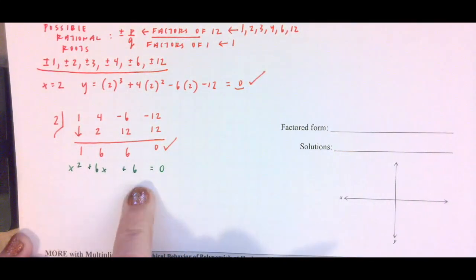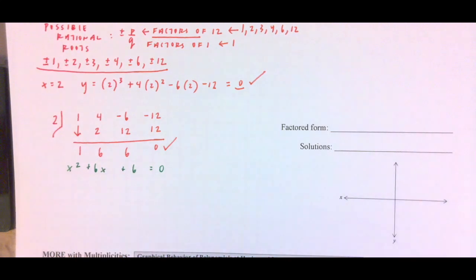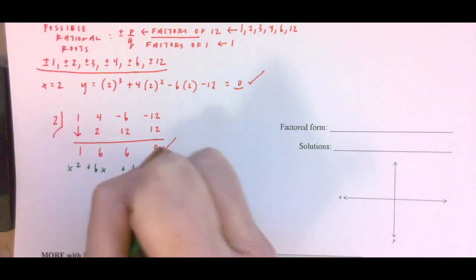Okay, if I stare at that and I think, oh, can I factor that? Is there anything that multiplies to 6 that adds to 6? Oh, no, there is not. So how can I solve it? I can't solve by taking the square root because there's a linear term. So my choices are to either complete the square or use the quadratic formula. You have options. I like to complete the square when that linear term is even. So that's what I'm going to do.